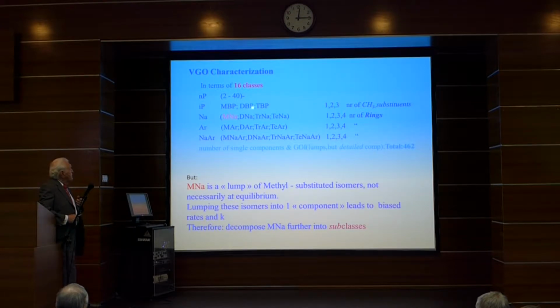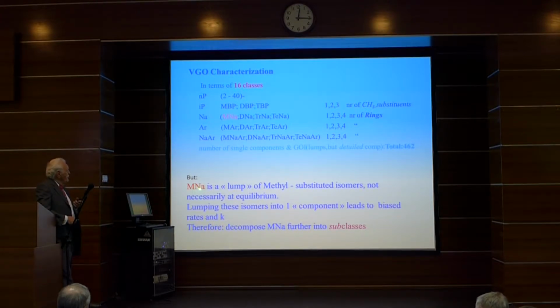But let me draw your attention upon the mononaphthenes here. And why do I draw your attention upon that? These mononaphthenes, that's a lump. You know the word lump that was introduced by the guys from ExxonMobil.